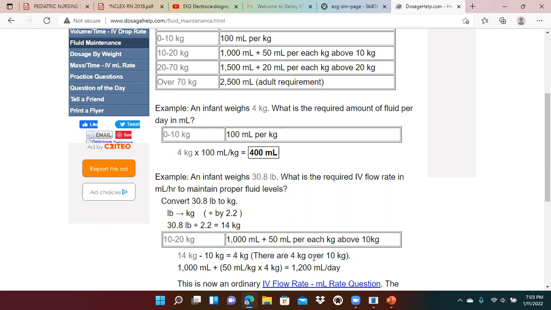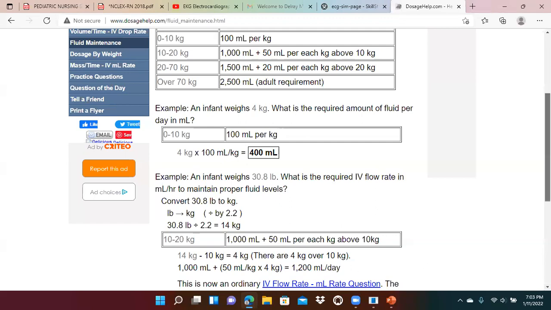So there are 4 kilogram over 10 kilogram. 4 kilo over 10, right? How much more than 10? 4. So 1000 plus 50 each kg above the 10. So 50 times 4 kilogram, it is total 200, right? So 1000 plus 200, 1200 ml per day needed.